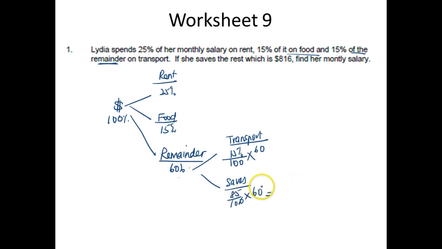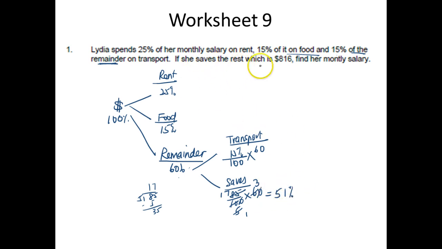Okay, so I cancel. Divide by 5, and I will get 17. So 17 times 3 is 51. Okay, so it's 51%.